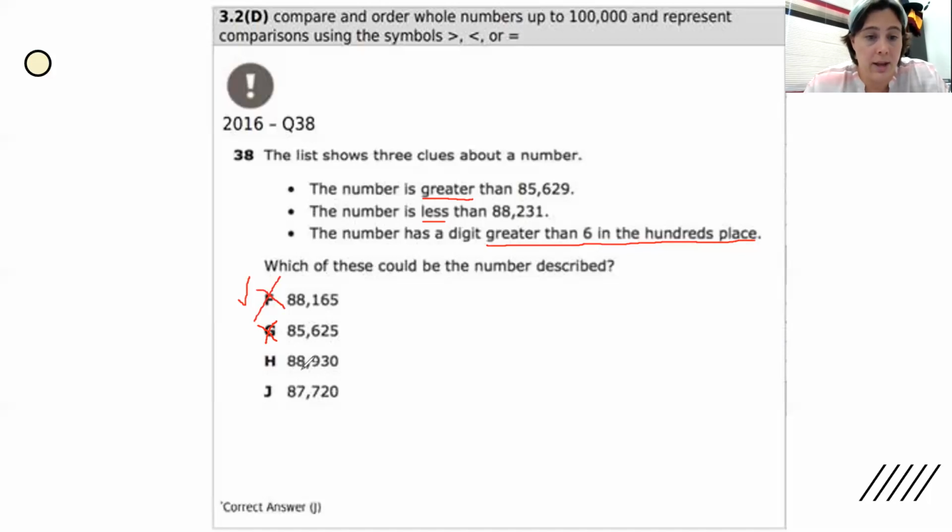For H, we have 88,930. Ooh, okay. Let's take a look because one of our clues says the number is less than 88,231. This number looks too big.